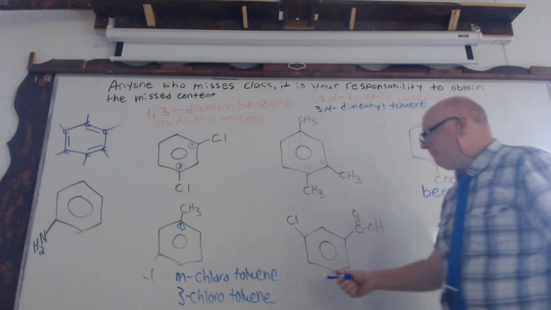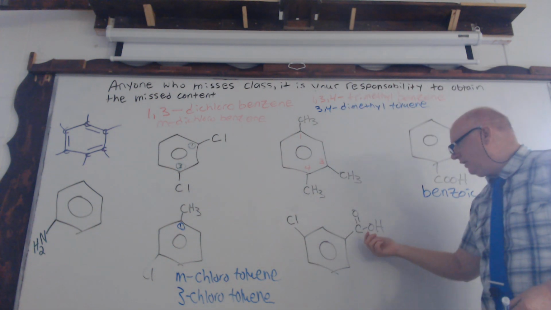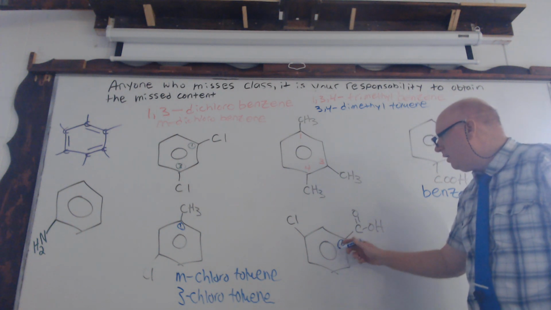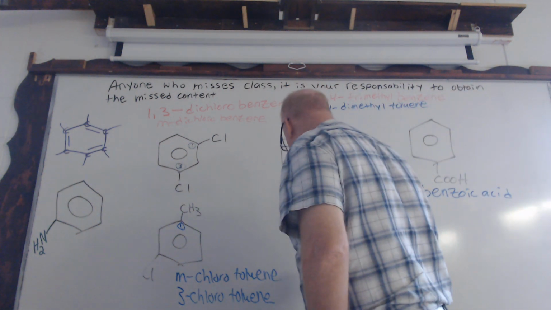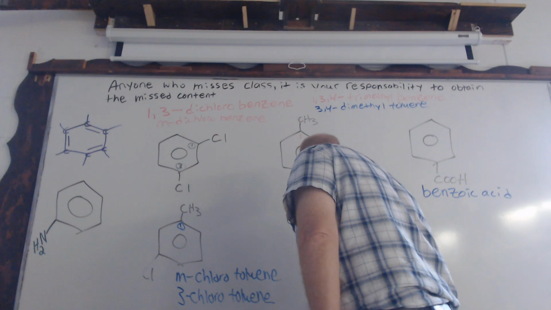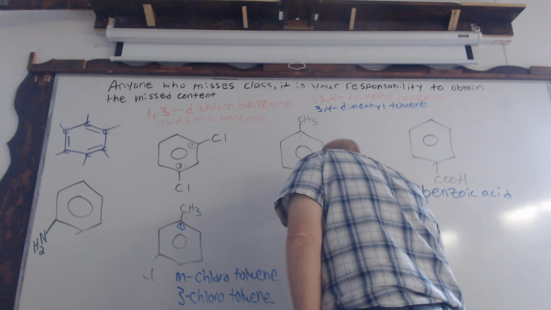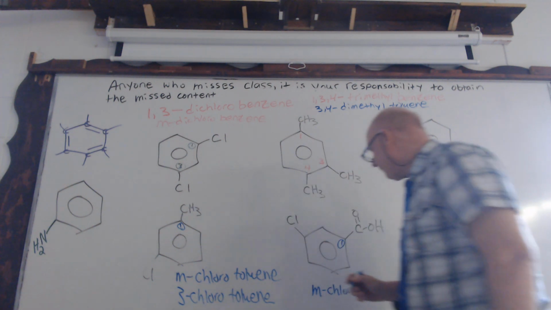It's going to be a meta compound because once you say benzoic acid, you are assigning this being number 1. 2 spots away, we've got a halogen derivative or chlorine. So then it would be meta-chloro benzoic acid. Okay?